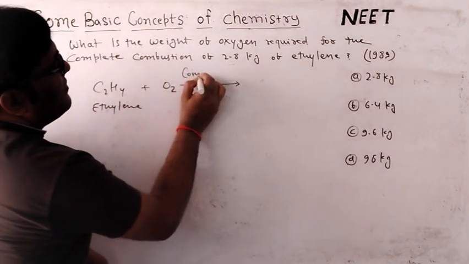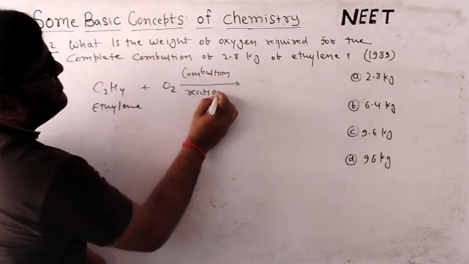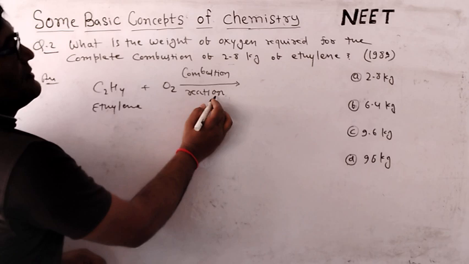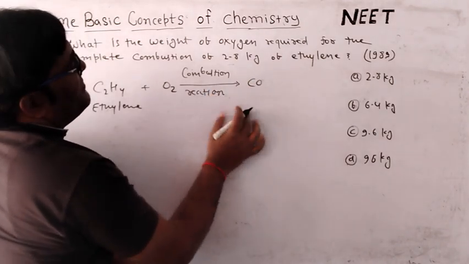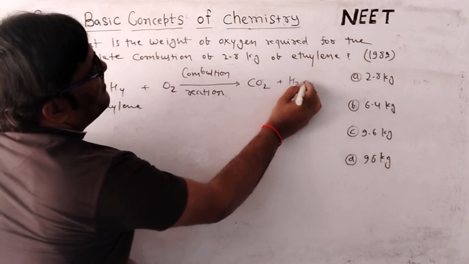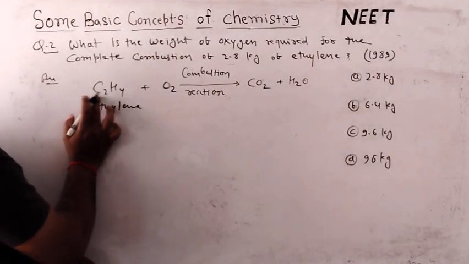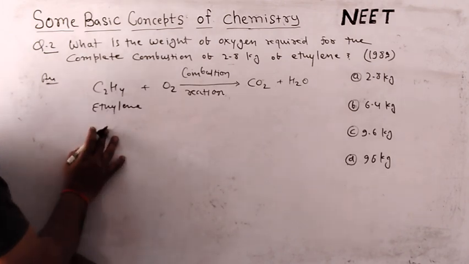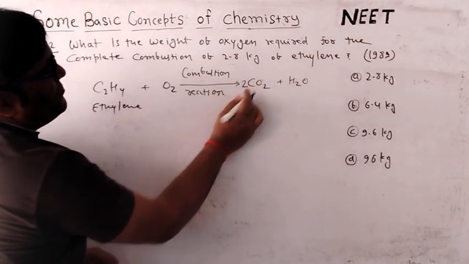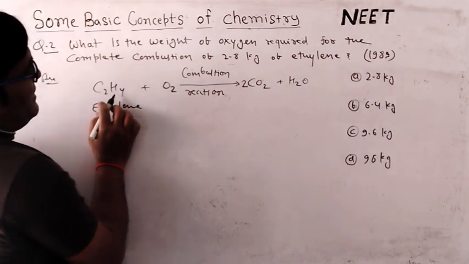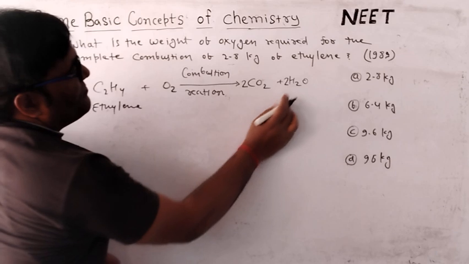So a combustion reaction occurs here. Now after combustion, CO2 and water are obtained. Now for balancing this equation, we can use the hit and trial method. Due to balancing of 4 hydrogen, we can use here 2.